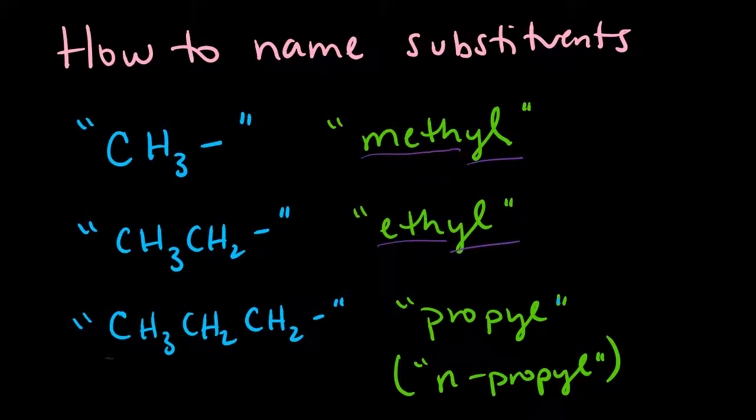So a 3 carbon piece would be a propyl group. Specifically, this one that's shown here is an N-propyl group, and that's to indicate that the group is being connected to the rest of the chain through the terminal or end carbon there.